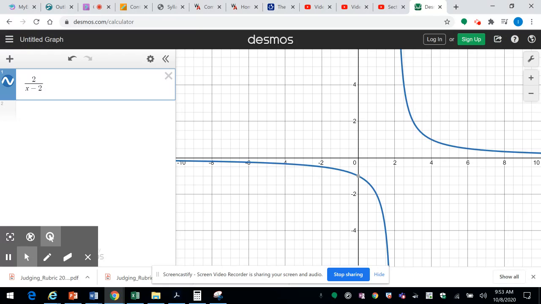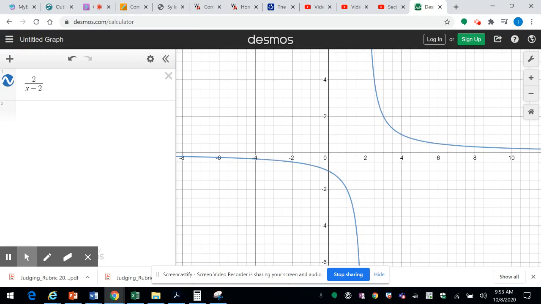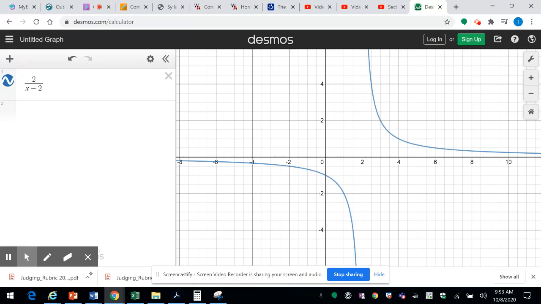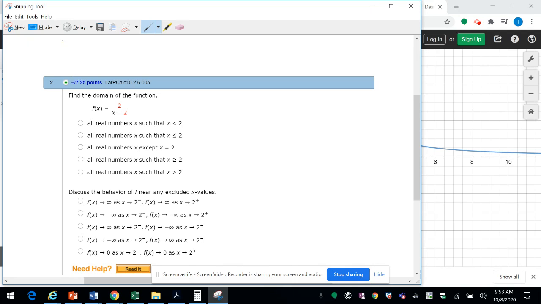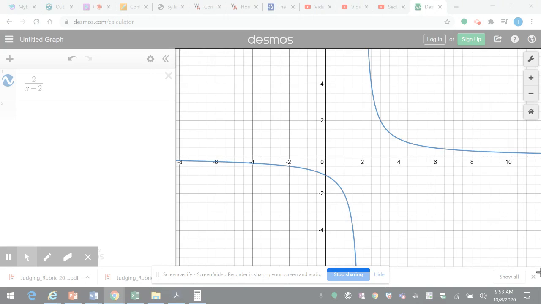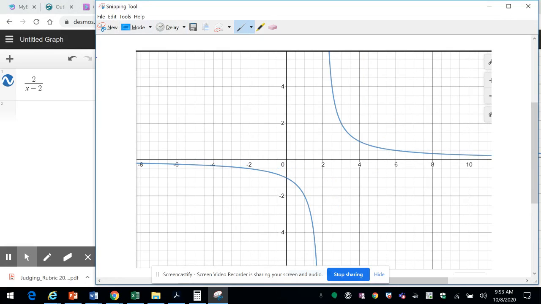Okay, so notice our graph here. And our excluded value, I'm going to circle it here. Oh, it doesn't let me circle it. But notice here, 2 is our excluded value. So let me go ahead and get this graph so that I can draw on it.